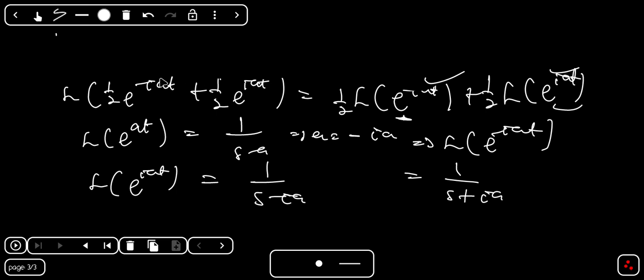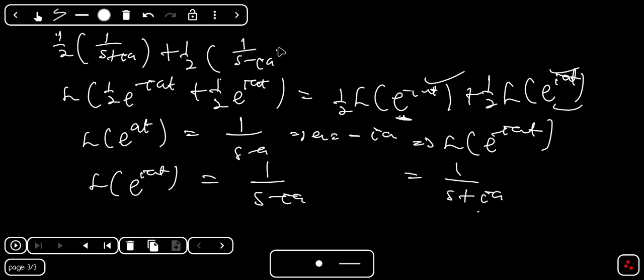We already have that, so that will be 1 over 2 times the Laplace transform of e raised to the power of minus iat, that is 1 over s plus ia, plus 1 over 2 times the Laplace transform of e raised to the power of iat, that is 1 over s minus ia.